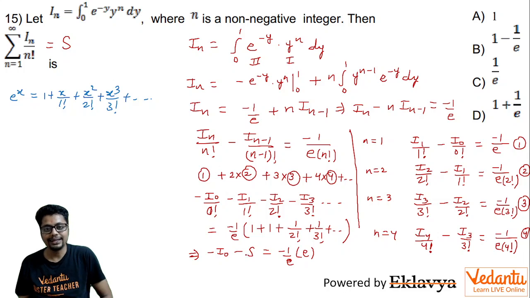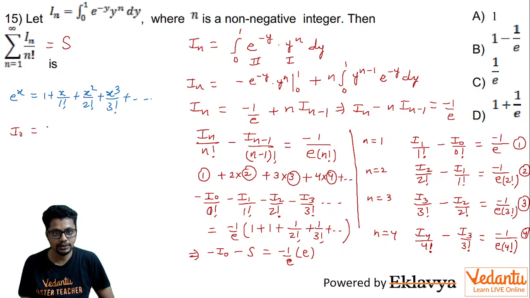Now to find s, we also need to find I0. I0 is essentially the integral from 0 to 1 of e to the power minus y times y to the power 0, my bad, n is 0 here, so y to the power 0 becomes 1, dy.